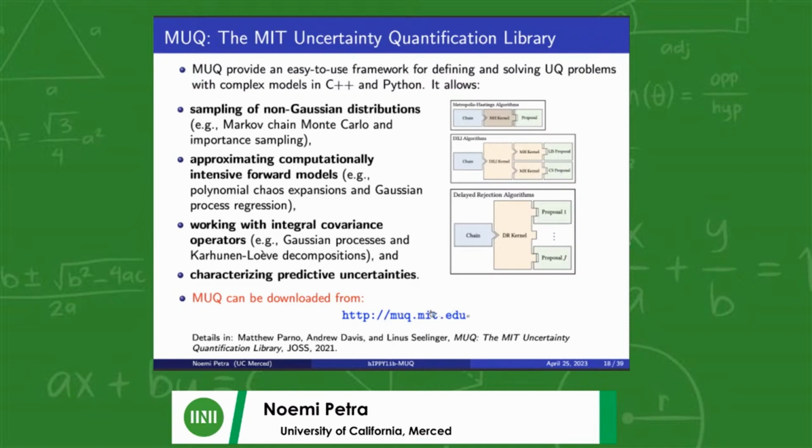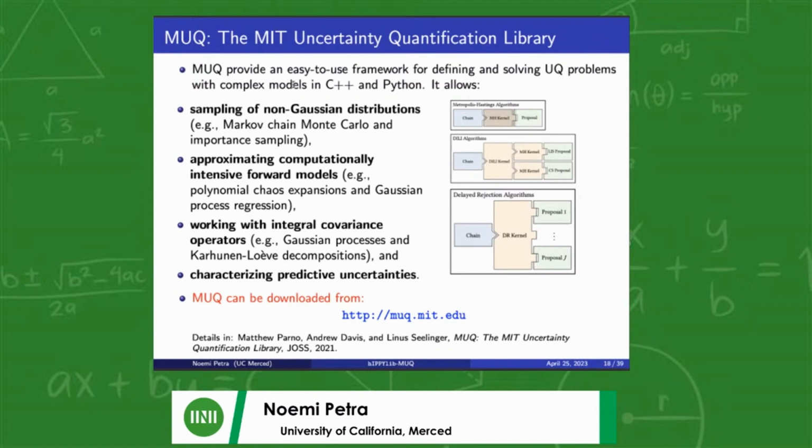You can download it from their website. Basically, MUQ provides an, I would not say easy to use, but if you know what you're doing, I guess it's easy to use framework for defining and solving uncertainty quantification problems with complex models. It's also implemented in a mix of C++ and Python.